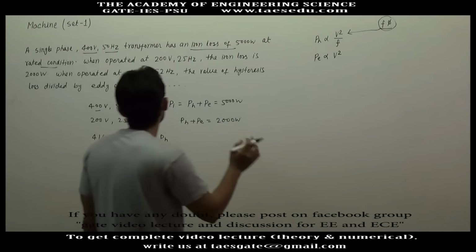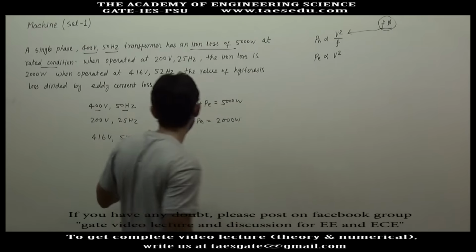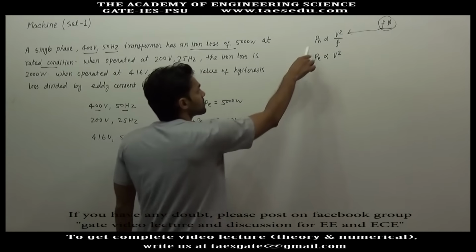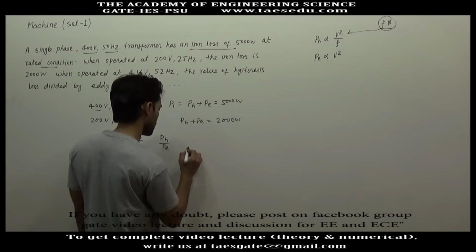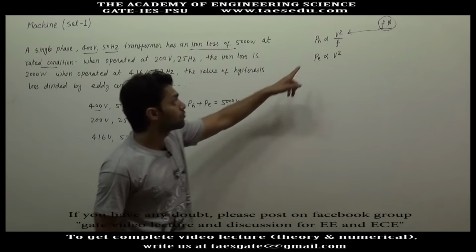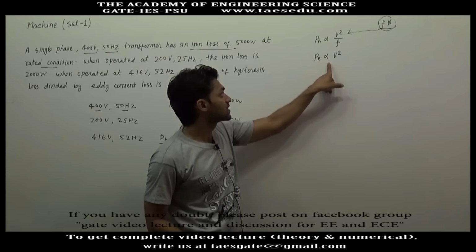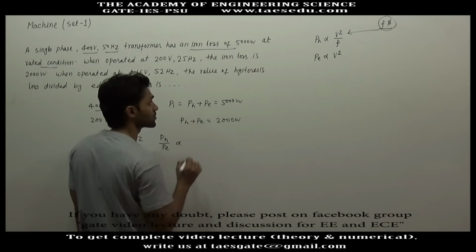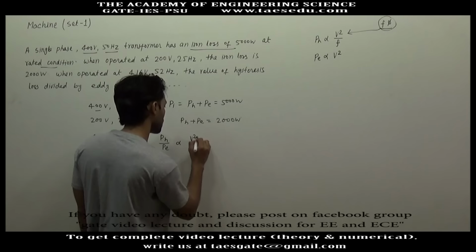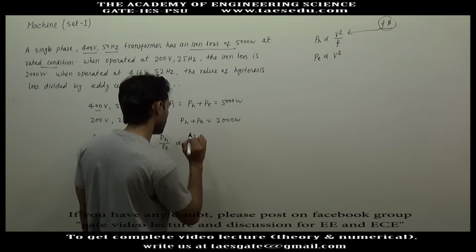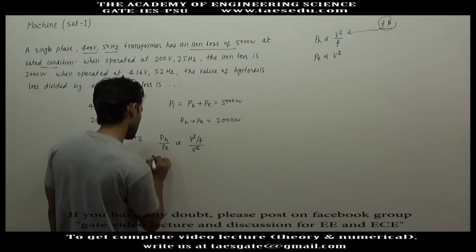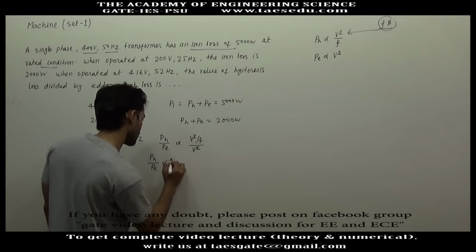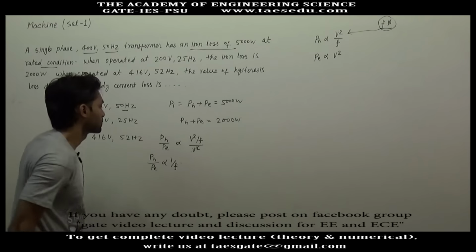So we have to find out hysteresis loss divided by eddy current loss. PH by PE: PH is directly proportional to V square divided by F, and PE is directly proportional to V square. So PH by PE will be directly proportional to V square divided by F divided by V square. This is cancelled. So the quantity we have to find out is directly proportional to 1 by frequency.